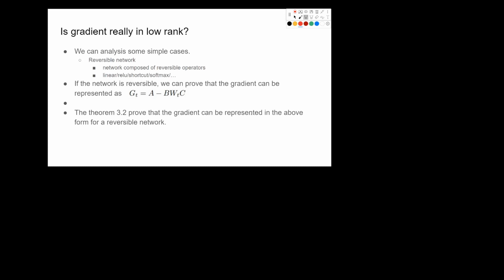In the previous discussion, we assumed that the gradient is low rank, but if the gradient is not low rank, we might update the weights in the wrong direction, because we ignore some important gradients when we project the gradient into the low-rank subspace.